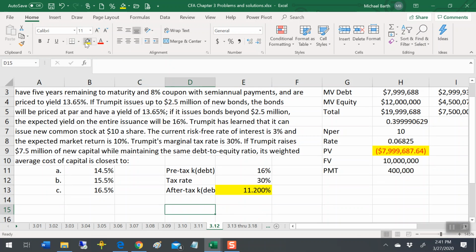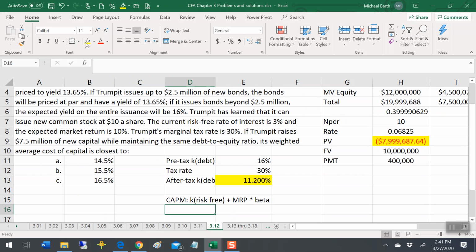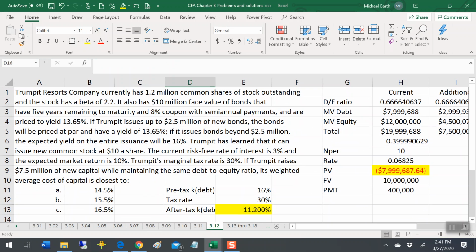The cost of equity, I can use the capital asset pricing model. The CAPM is the risk-free rate plus market risk premium times the beta. Given in the problem, the stock has a beta of 2.2. If we go down here and look, the expected market return is 10%, and the risk-free rate is 3%.